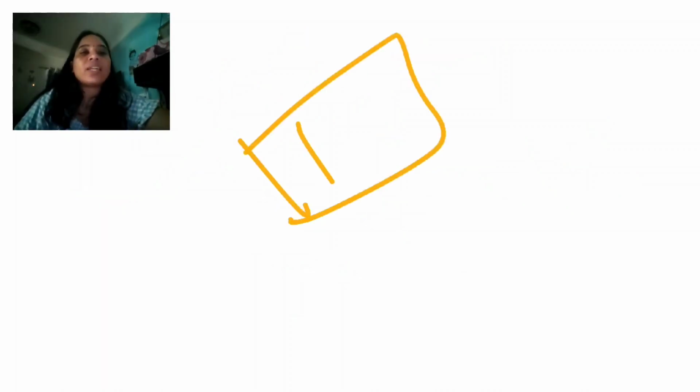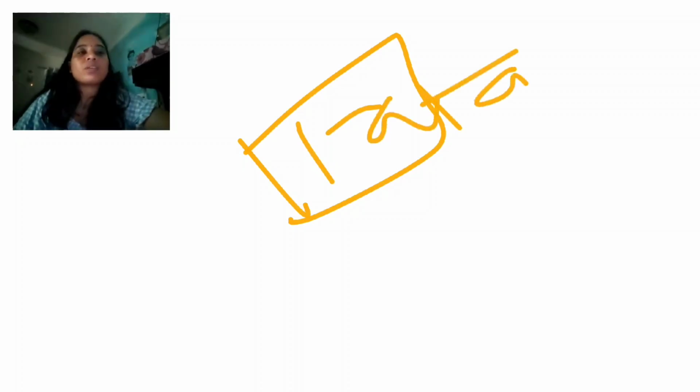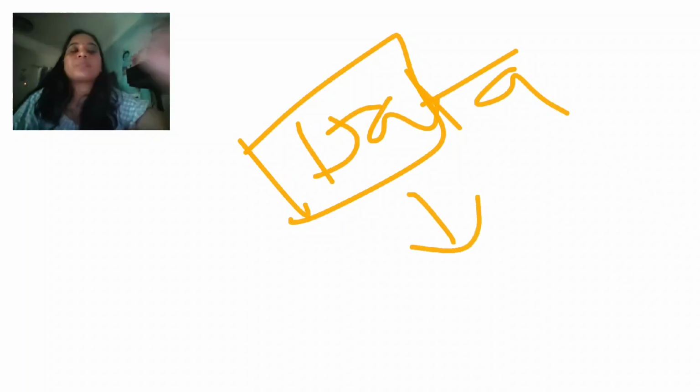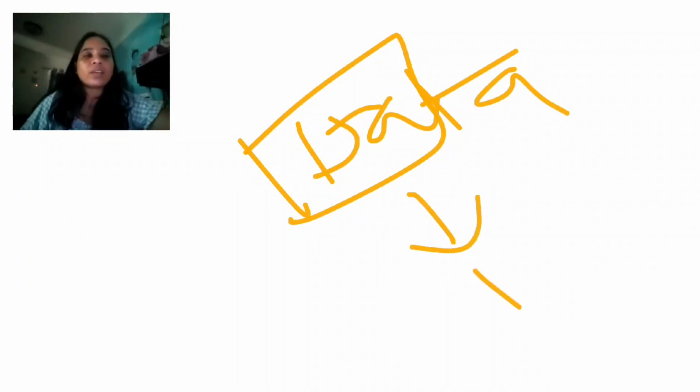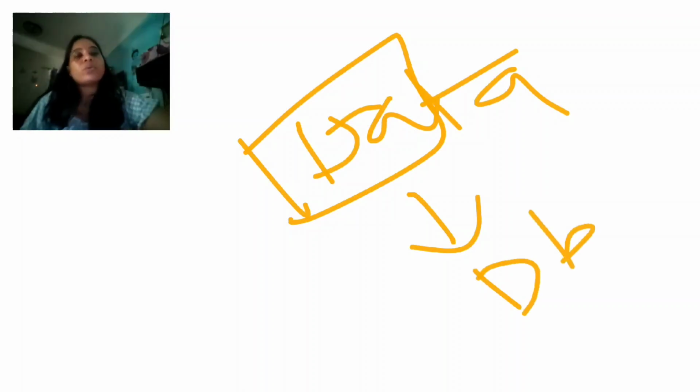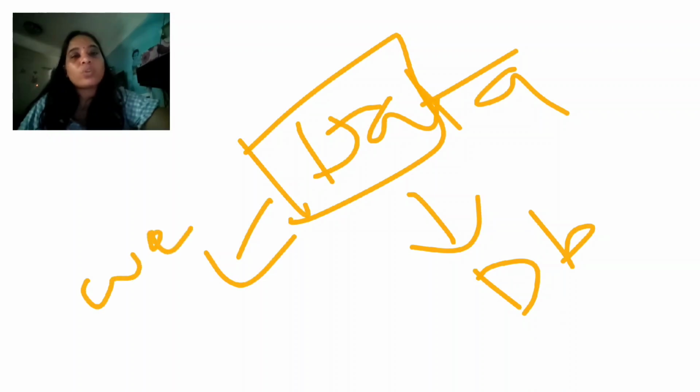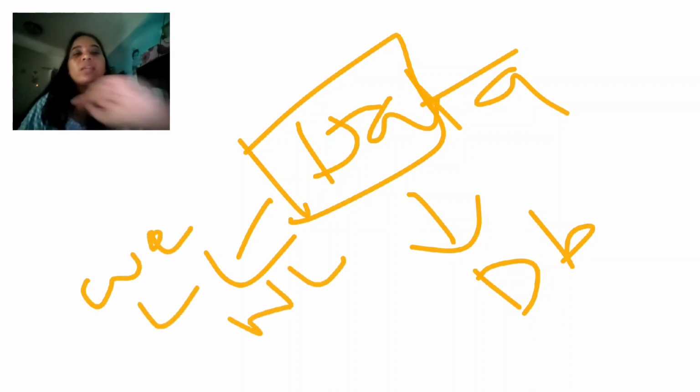The end users can give their data directly. That data is going to be stored in the database. Data we can store sequentially, that is linear, and non-linear.